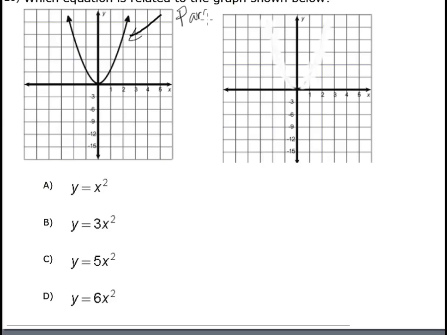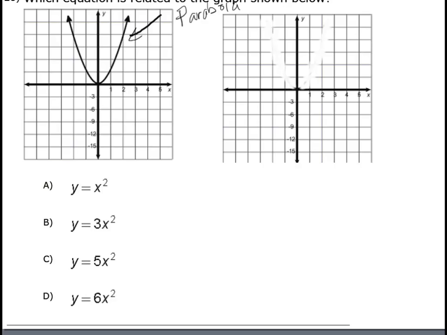A parabola requires that you take a quadratic and create a table. A parabola requires you to graphically represent that by the points on the coordinate plane.